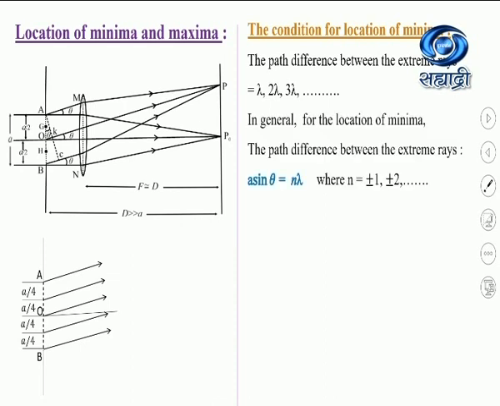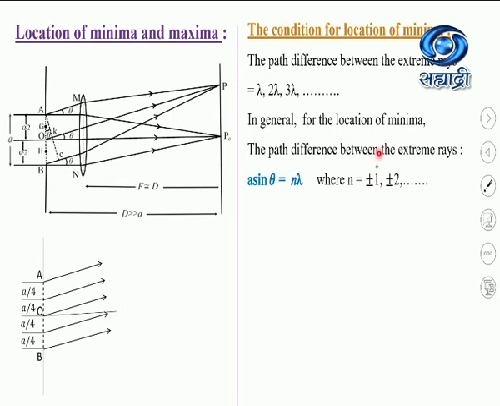So in general, for the location of minima, the path difference between the extreme rays, which is equal to a sin theta, should be equal to n lambda, where n is plus or minus 1, plus or minus 2, and so on. Here again, the plus or minus sign indicates that the fringes are lying on both sides of the central maximum.